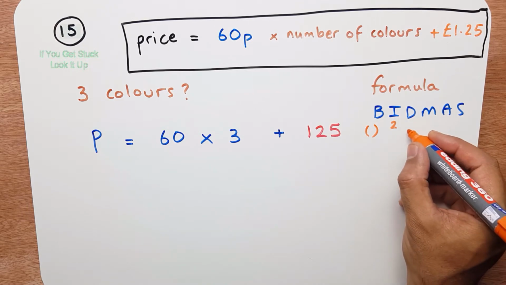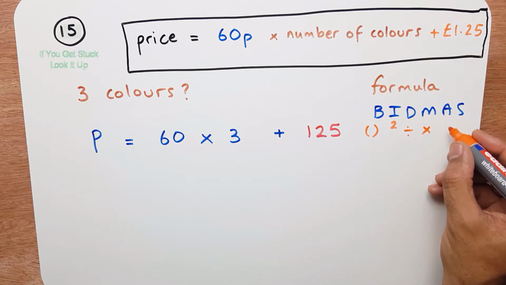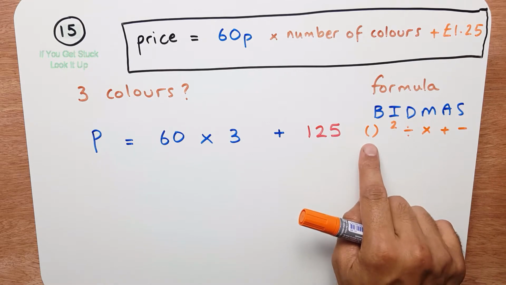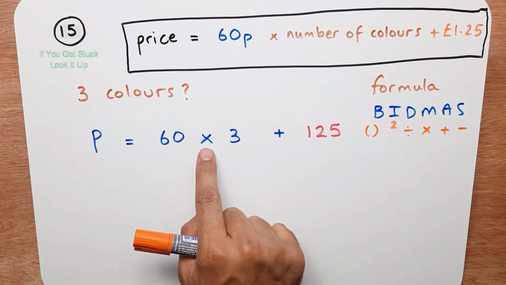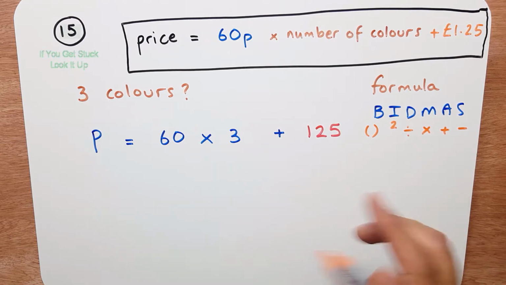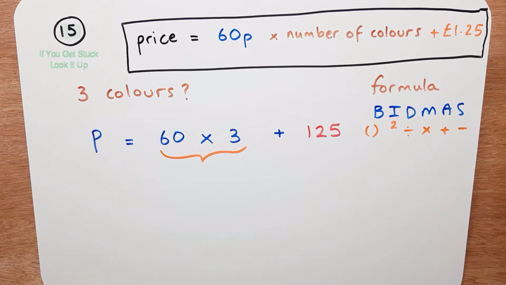D is for divide. M is for multiply. A is for add. And S is for subtract. So you have to do it in this order. So when we look at these two, you've got times or multiply there, and that comes before add. So we need to do this calculation first.